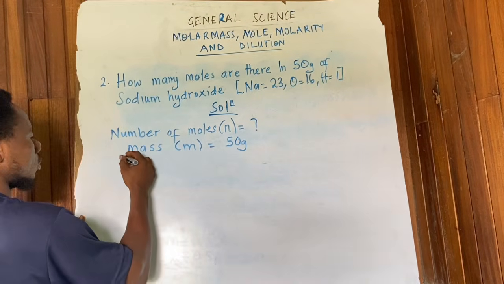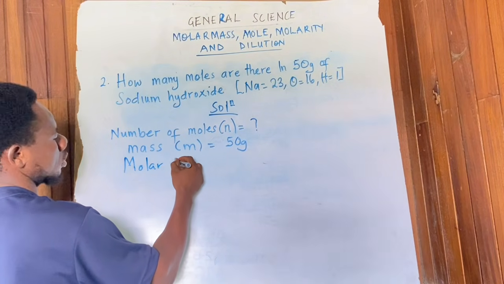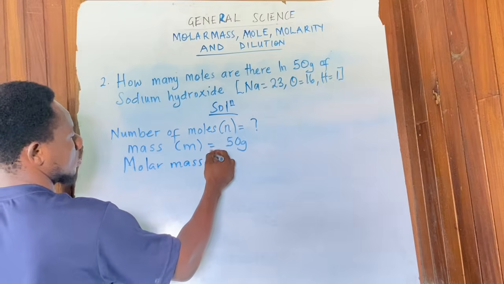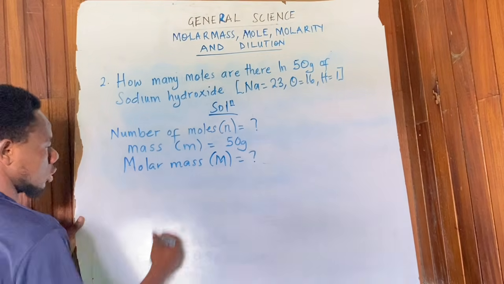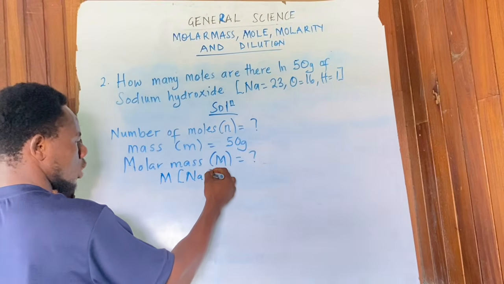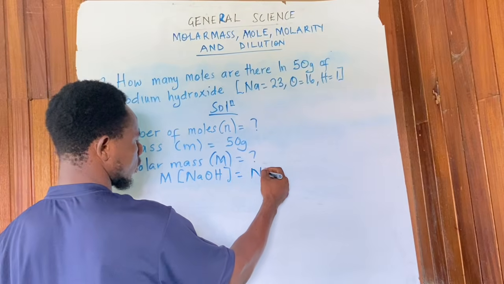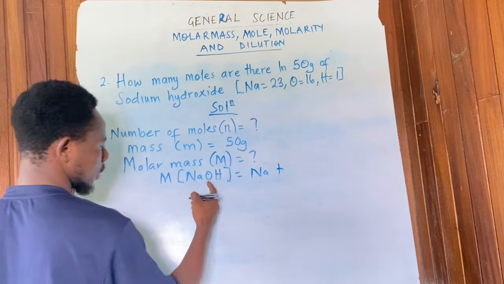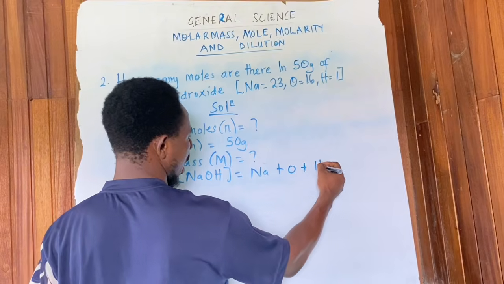So, molar mass, big M, we don't know. So, molar mass of NaOH. So, it's sodium plus oxygen plus hydrogen.